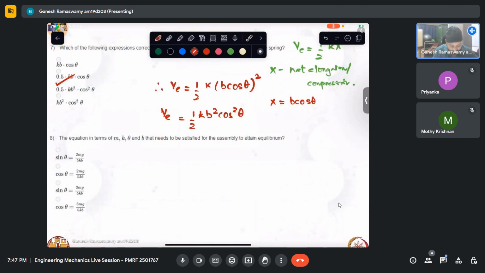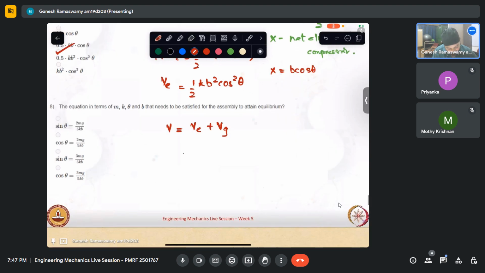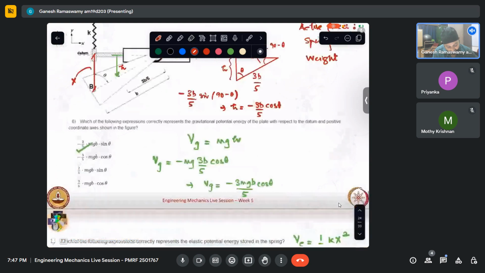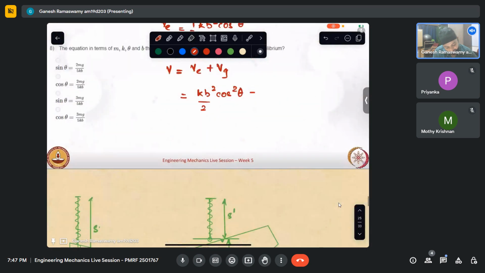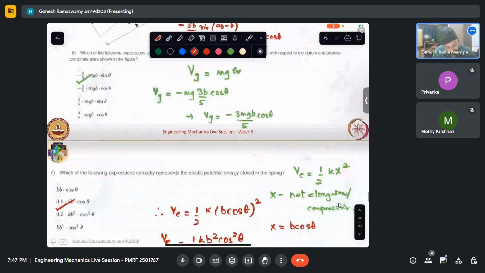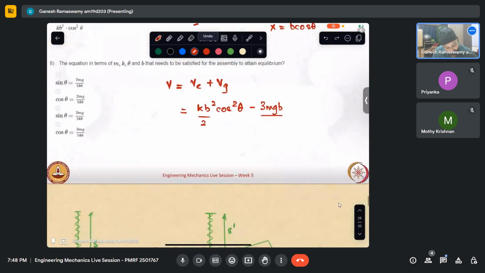Energy is a scalar quantity. It can simply be added. KB squared by 2, or rather let me write it like that. V is V elastic plus V gravitational. So what is this? KB squared by 2 cos squared theta minus 3 mgb by 5 cos theta.